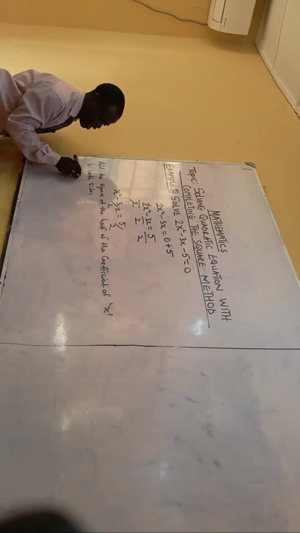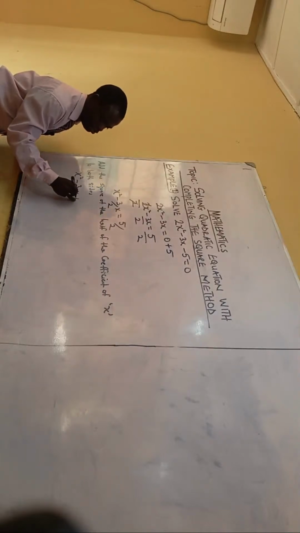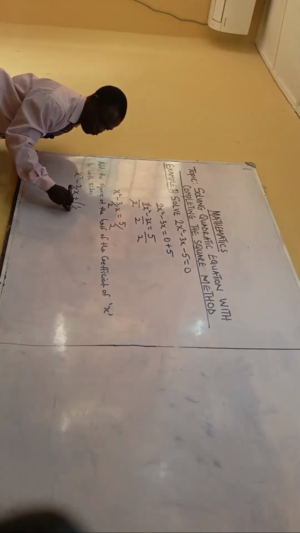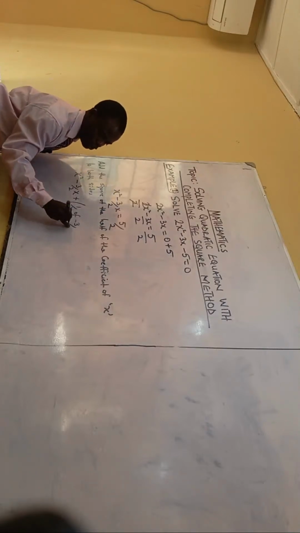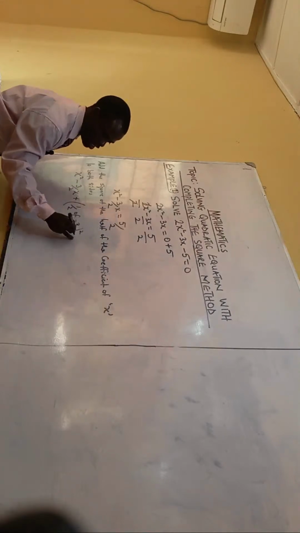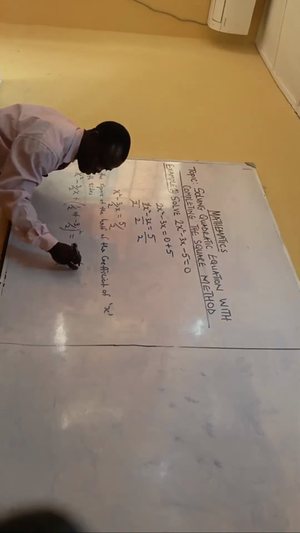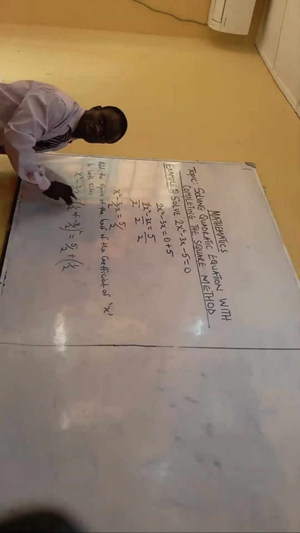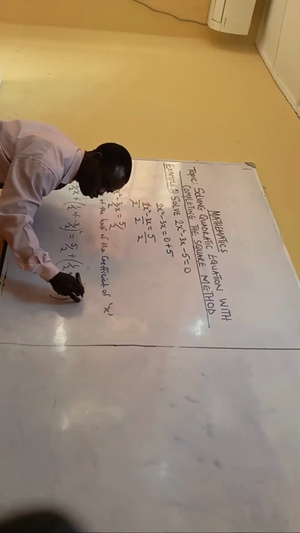From here you now have x squared minus 3 over 2x plus half of the coefficient of x, which is minus 3 over 2, squared, equals 5 over 2 plus, repeat this, whatever you do to the left hand side, you do to the right hand side. Half of minus 3 over 2 squared.